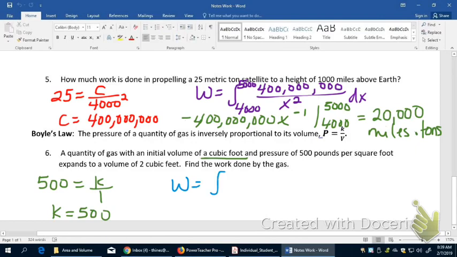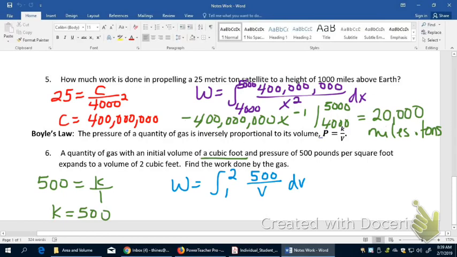So then your work equation is going to be from 1 to 2, because it started at 1 and we want to expand it to 2. Plug in our 500 and divide it by volume. As far as the antiderivative, very similar to the way we did 4 and 5. Well, it's a little bit different because it's not raised to a power.